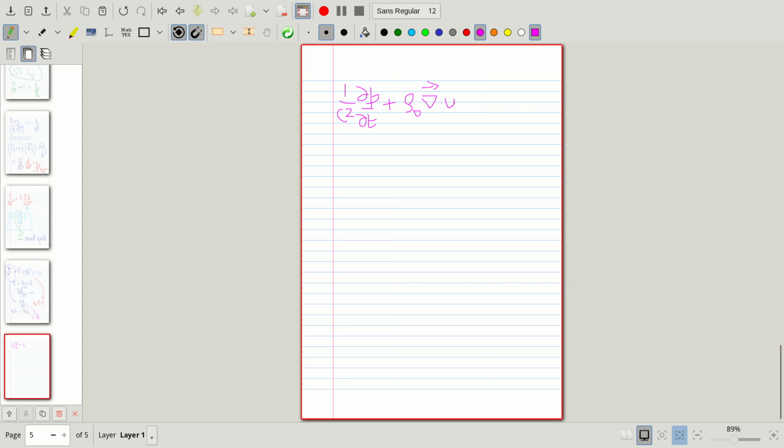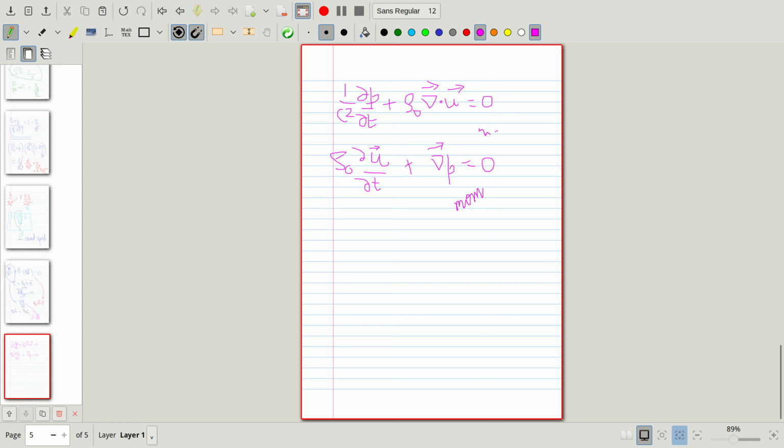So this is from mass conservation, right? The momentum conservation equation simply is rho naught dou u by dou t. So this is the inertia term, plus gradient of acoustic pressure fluctuation equal to 0. So this is momentum and this is mass.